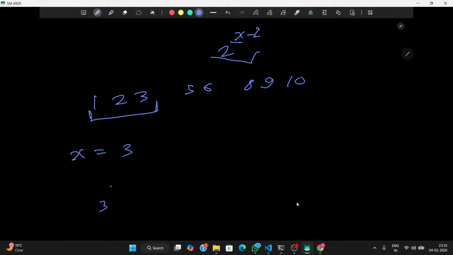So 2 raised to the power 3 minus 1 is the number of ways to arrange the first three elements. And the rest of the elements we can arrange in any order, as that doesn't matter, since we will get the desired max from here, as the difference is simply going to be more than one.